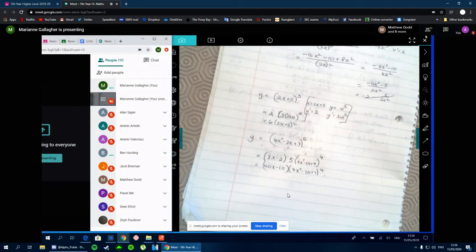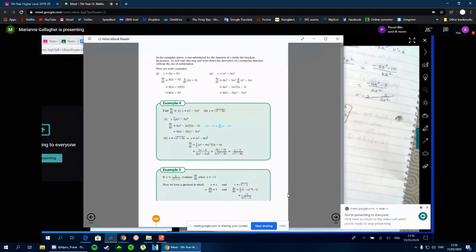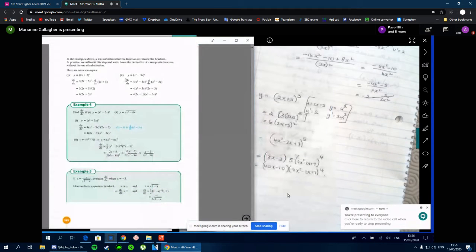Okay, so let's go through the other examples that are in the book. I'm just doing number 2 here before we get to actual example 4. So we do x squared minus 3x, that becomes 2x minus 3. They're kind of doing that second.